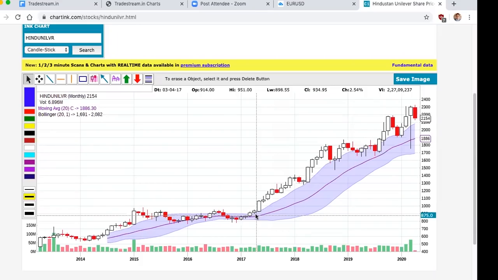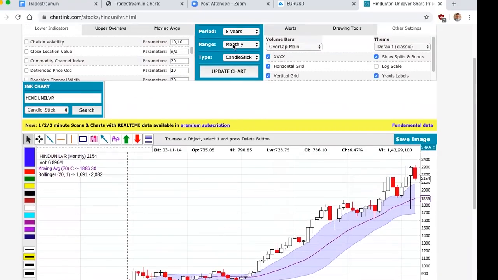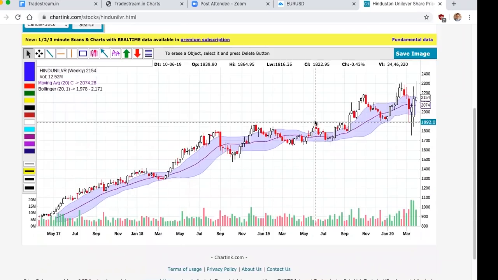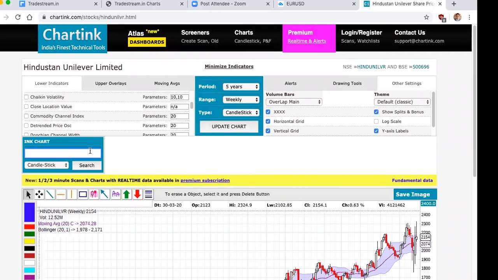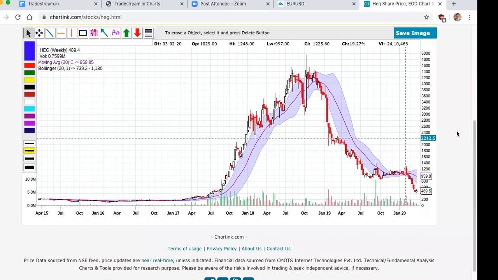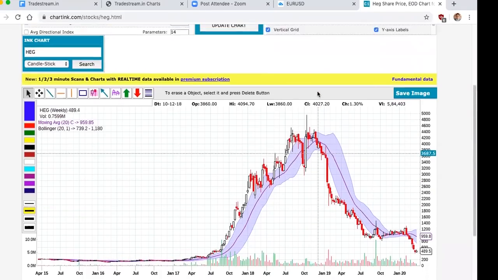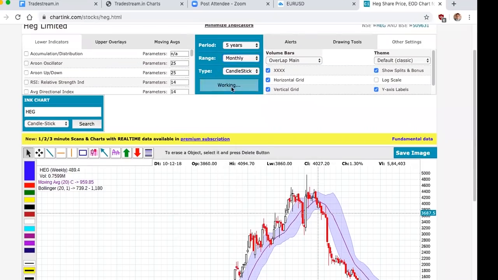Again, this is not a hard and fast rule. For something like HEG, you can't wait for it to break the middle Bollinger Band. That's too late. For that you would want to use weekly, not monthly. Let's go back to 3 years, maybe 5 years. So in this, if you waited for a monthly, your signal will be too late.